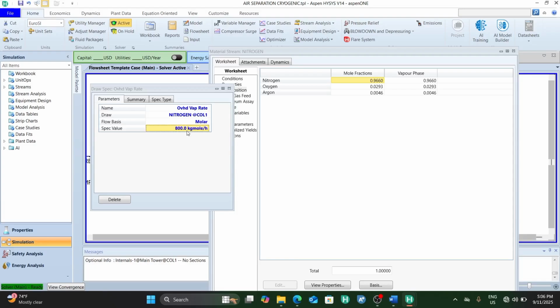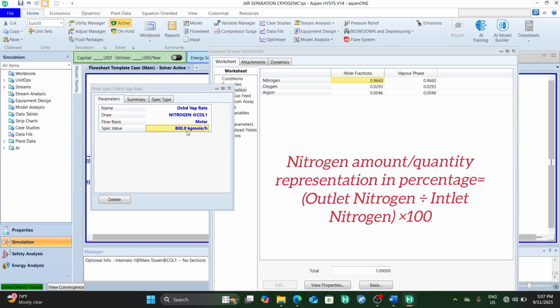Currently, let's have a check with respect to percentage to see how many percent of nitrogen we are able to recover in our stream. The input, remember, for the feed, the total nitrogen present in the feed is 781, and currently using 800 kilogram mole per hour as our vapor rate. So we're currently having a quantity of nitrogen in our product stream to be 772.8. So to get the percentage, we divide the quantity of nitrogen present in the product by the total nitrogen, and then we multiply by 100 per percentage.